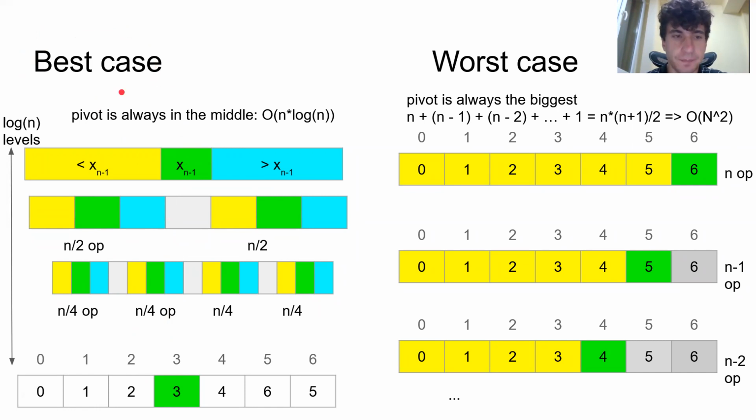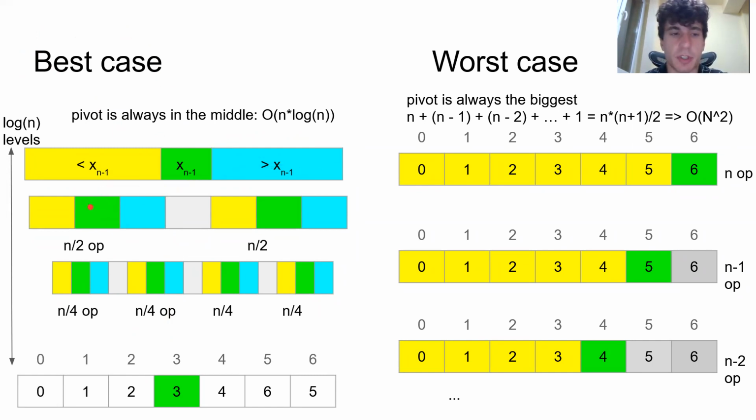It's the best case, because for each partition we do n operations. The partition is O of n, it's linear.